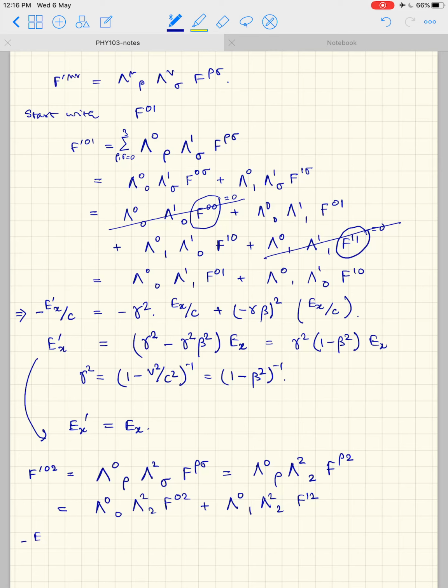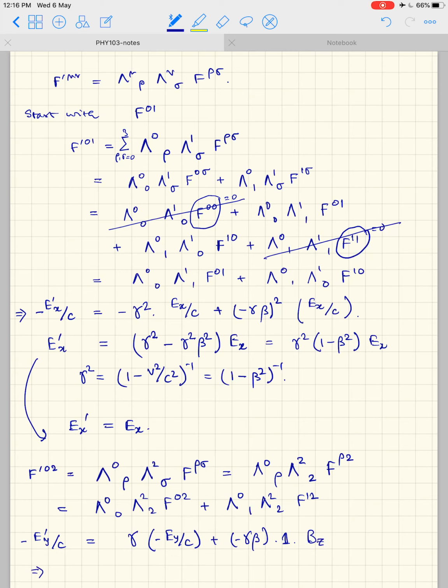This is minus Ey primed over C. Lambda 0,0 is just gamma, lambda 2,2 is identity, f0,2 is minus Ey over C. Lambda 0,1 is minus beta gamma, lambda 2,2 is identity, and f1,2 is Bz.